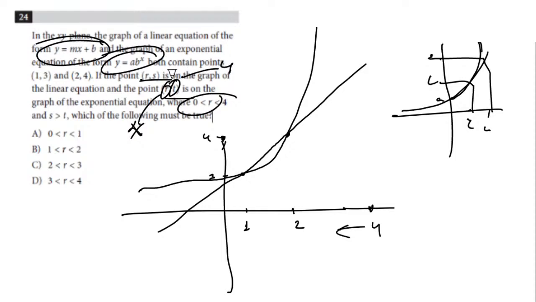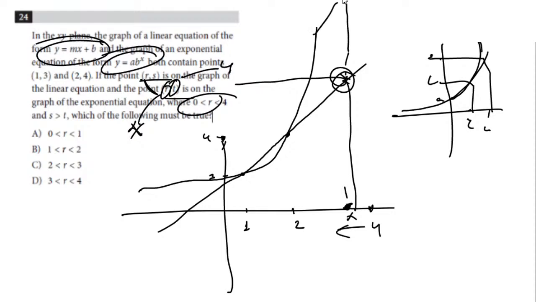So we have the same x, right? Let's say here, just the same x. So the value of the function at this point with x will be the value on the line y, like here. And for the exponential equation, it will be somewhere here.